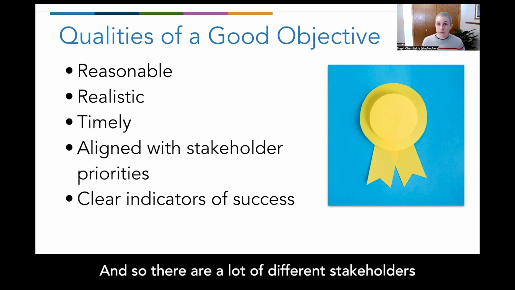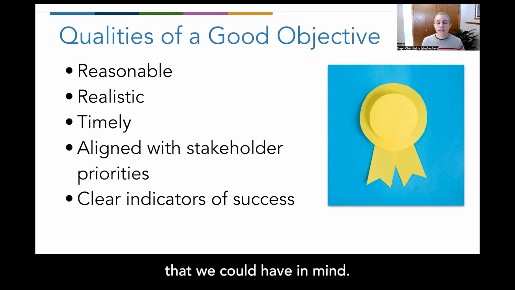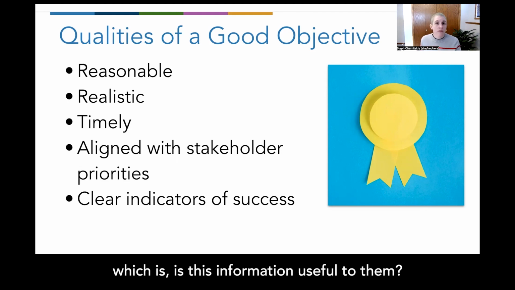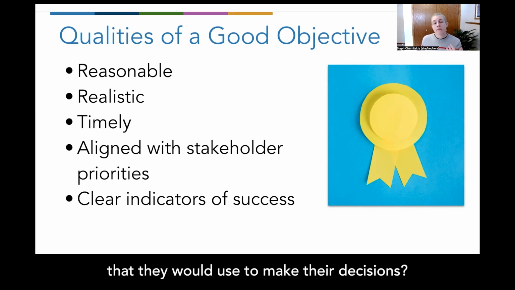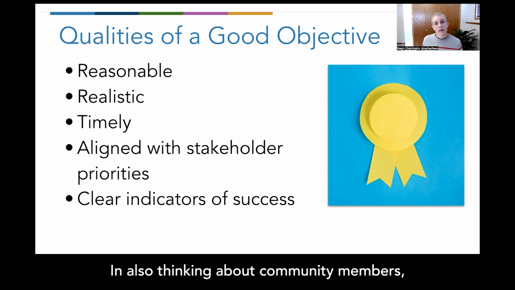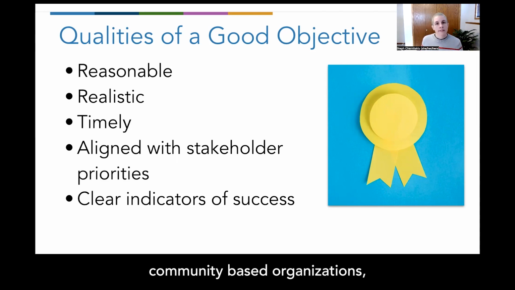And they should also be aligned with stakeholder priorities. And so there are a lot of different stakeholders that we could have in mind. Again, it could be policymakers. So it gets back to something I said earlier, which is, is this information useful to them? Is it the kind of information that they would use to make their decisions? Also thinking about community members, community-based organizations, is it really the information that they're looking for when they're making decisions?